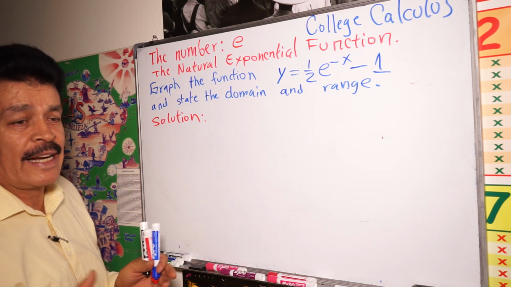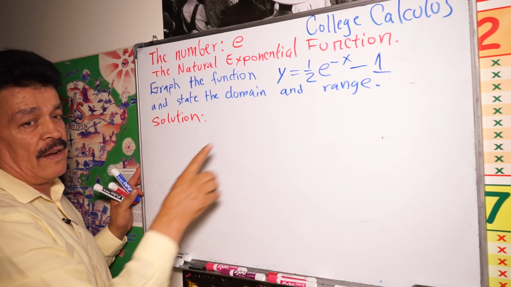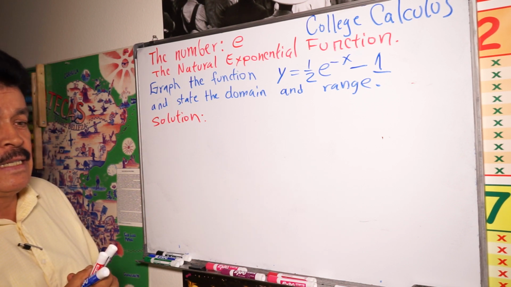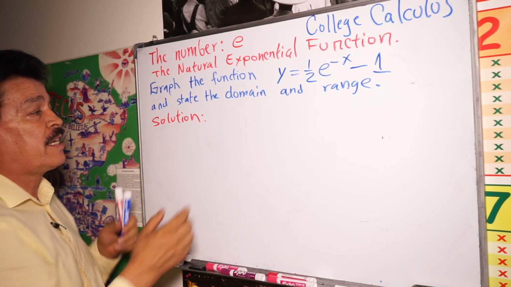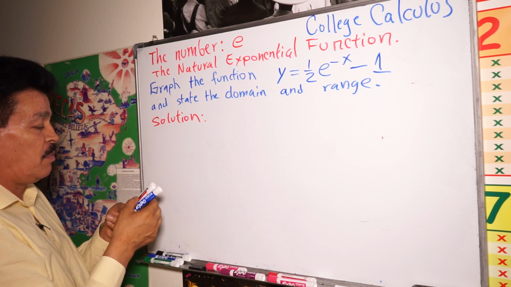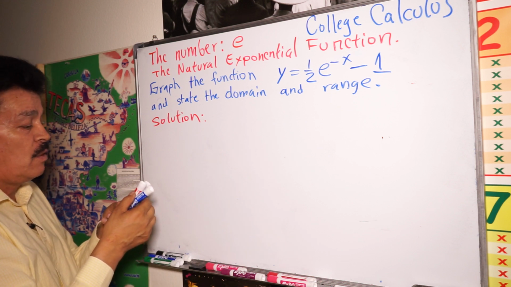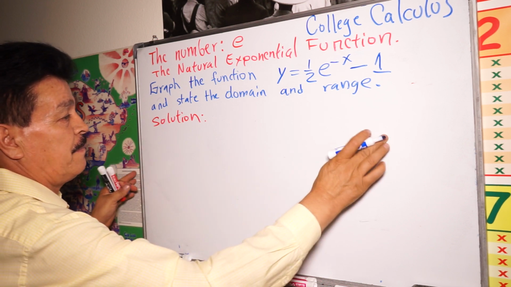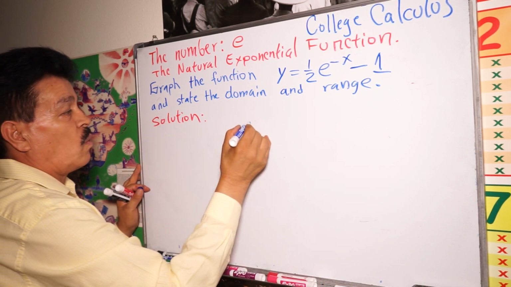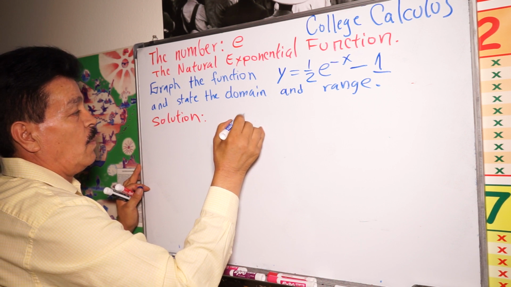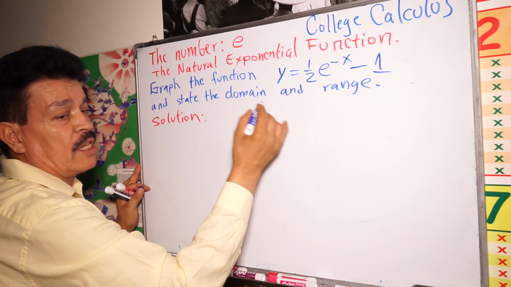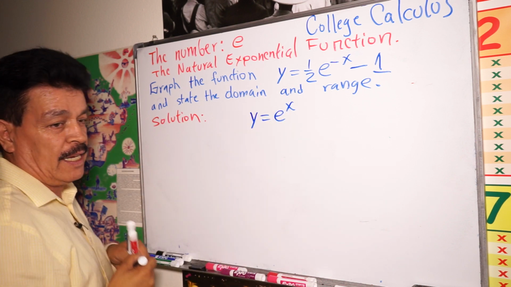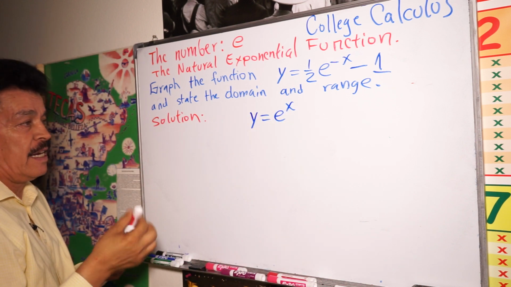We start with the graph y equals e to the exponent x. Let's graph this first.